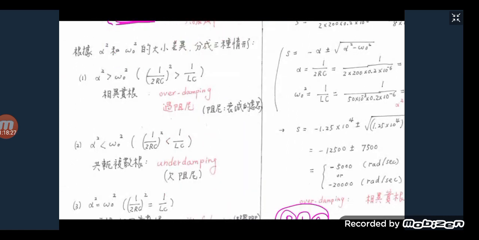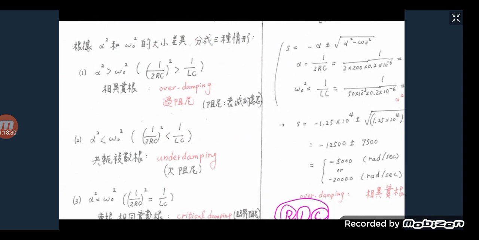Although I'm saying you can temporarily ignore these variable names, you have to see that there are 3 conditions. The first one is distinct real roots. It happens when alpha squared is greater than omega 0 squared.